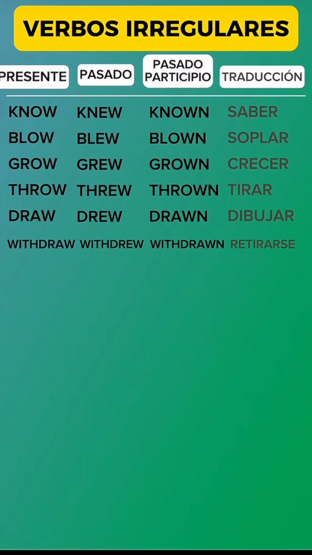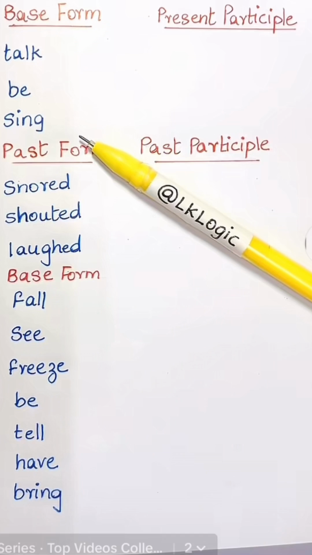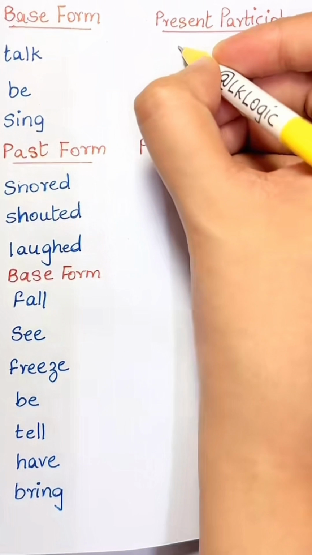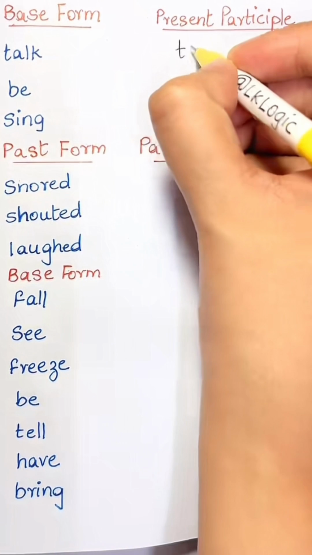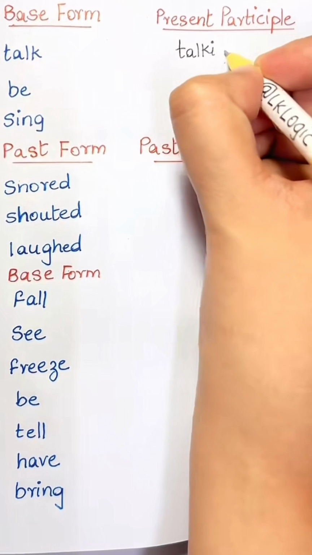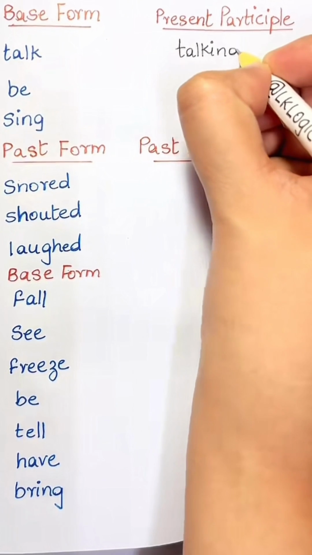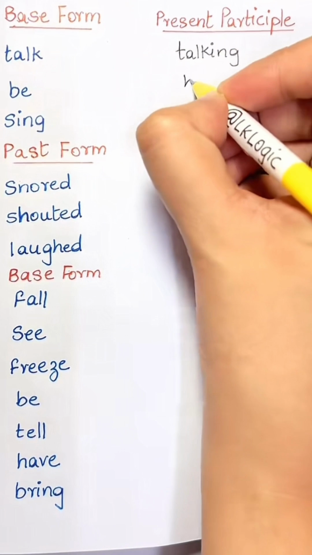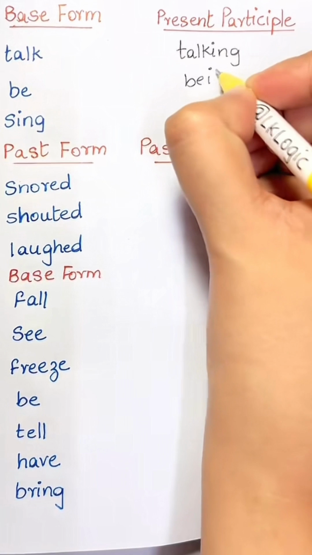Now the third one is in the present finishing in O and the past in E. But focusing on the O, you're gonna add N in the past participle, like that. Also keep in mind these verbs in the present participle. If it's talk, it's gonna be talking. If it's be, it's gonna be being.